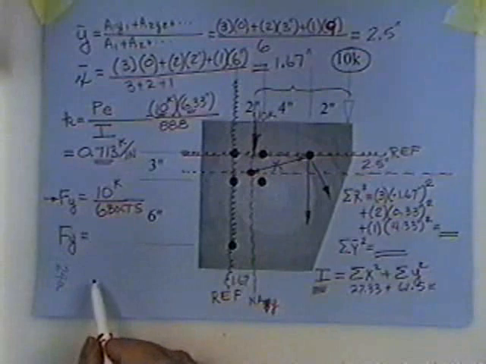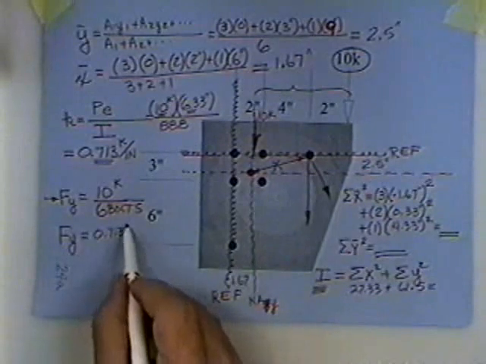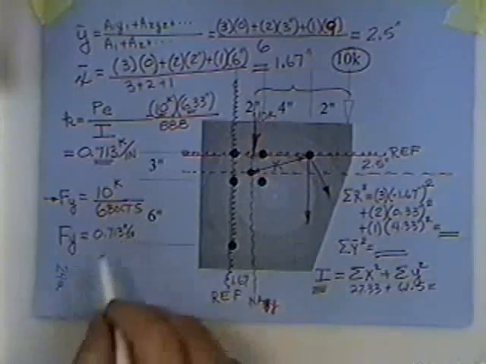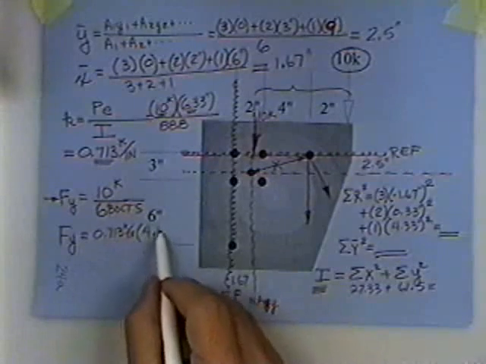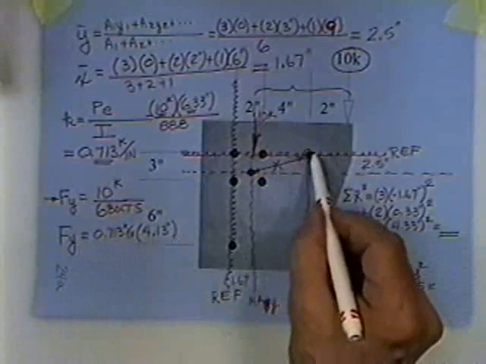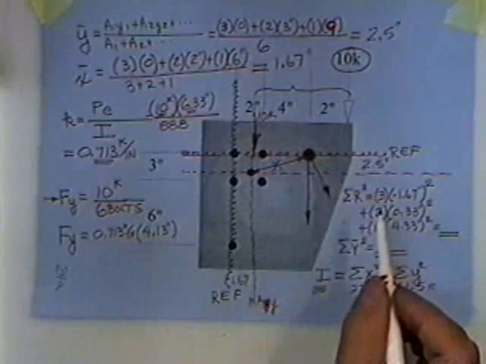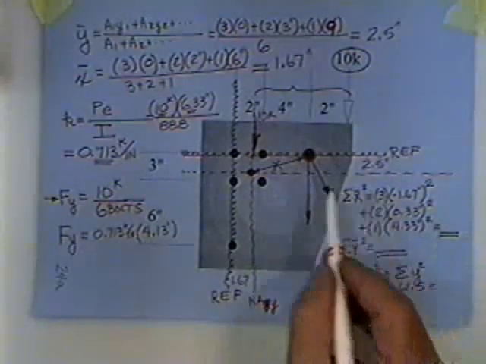F sub y due to the moment is the 0.713 that we just found, kips per inch out, and you simply multiply it times how far out the bolt is that you're studying. This bolt looks like it's about the furthest one out, and therefore it's probably got the highest forces on it, and therefore we study it.